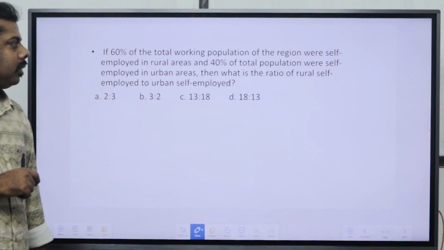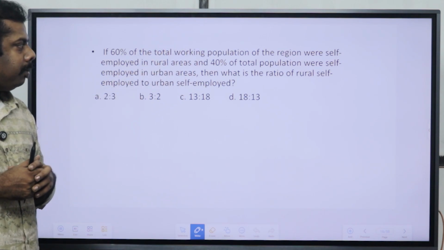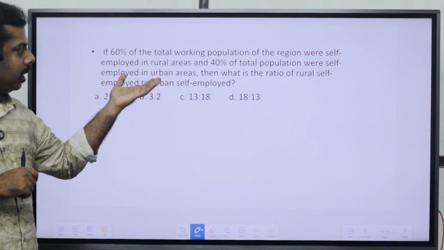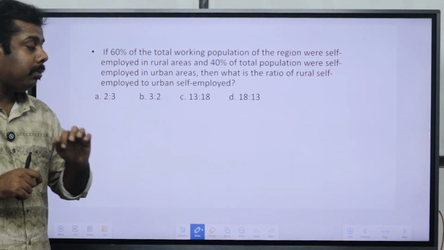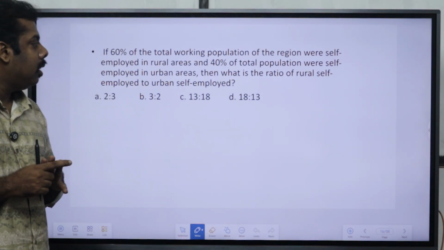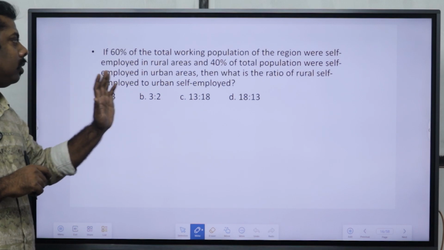So here what they have told is, if 60 percentage of the total working population of the region were self-employed in rural areas, and 40 percentage of the total population were self-employed in urban areas, then what will be the ratio of rural self-employed to the urban self-employed?